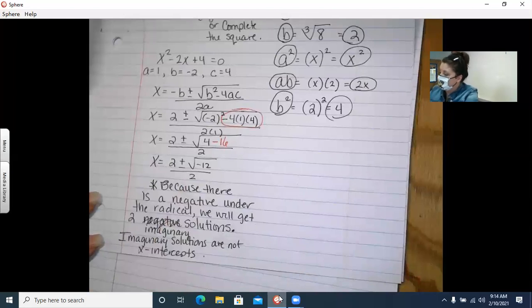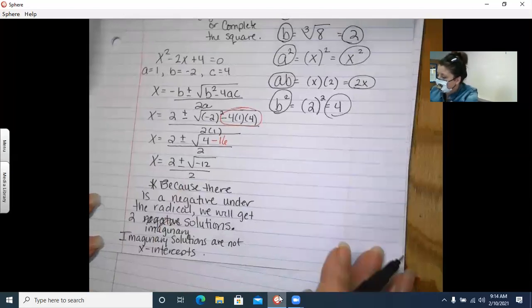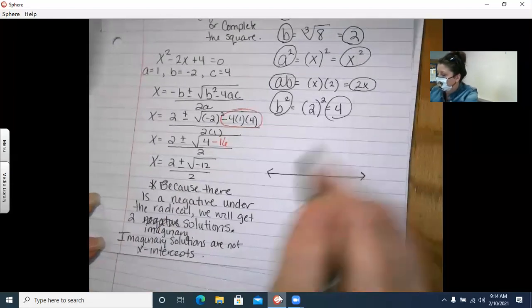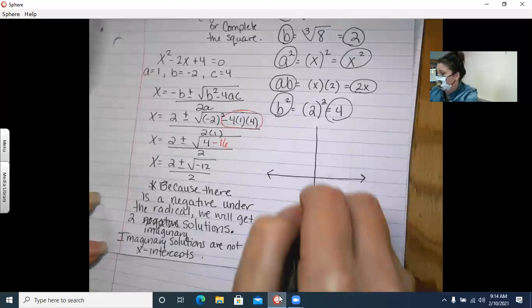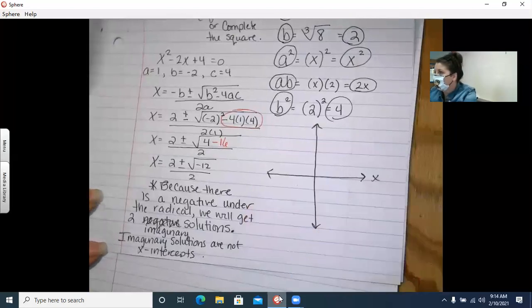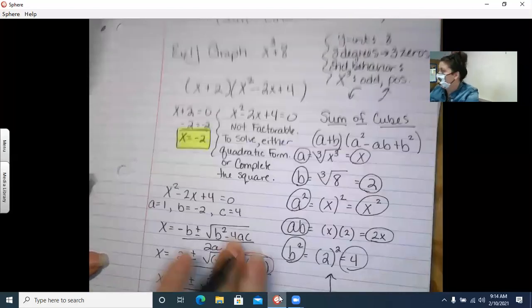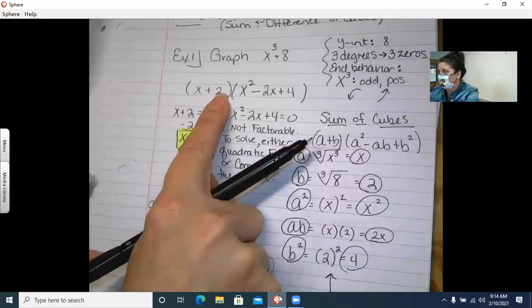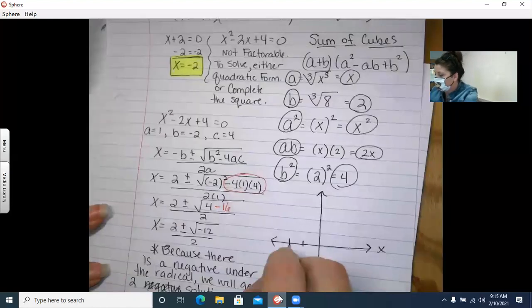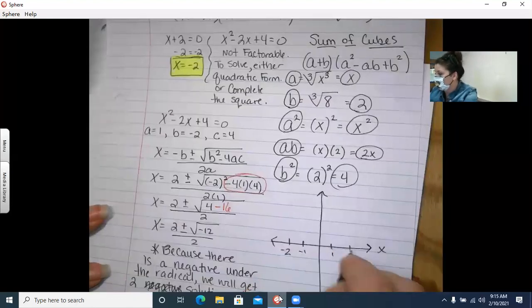All right, so when we draw our graph, our graph is only going to cross the x-axis at negative 2. That was the solution we found earlier when we set the factor of x plus 2 equal to 0. So we have 3 solutions, but 2 of them are imaginary. Your graph only intersects the x-axis at real solutions.